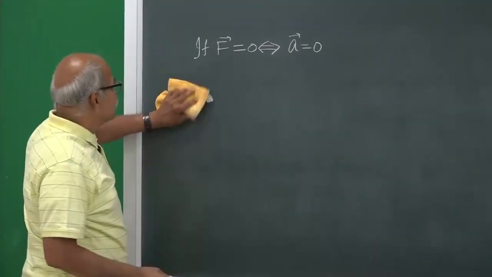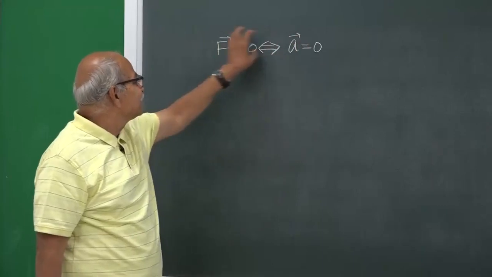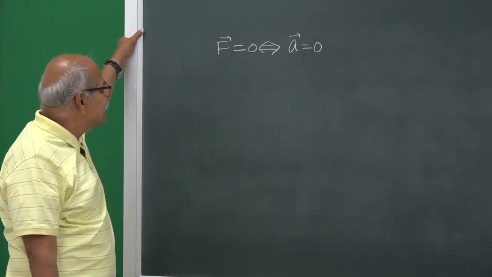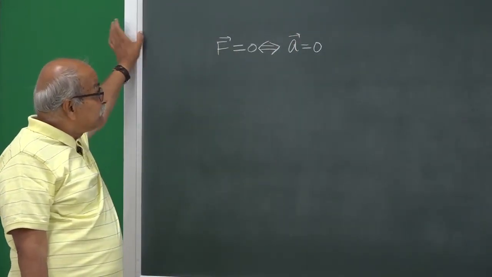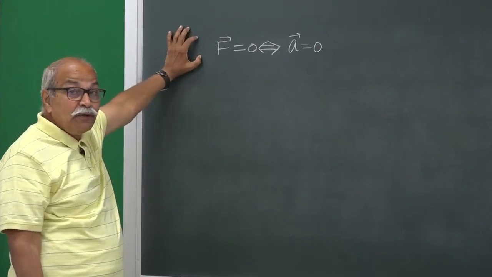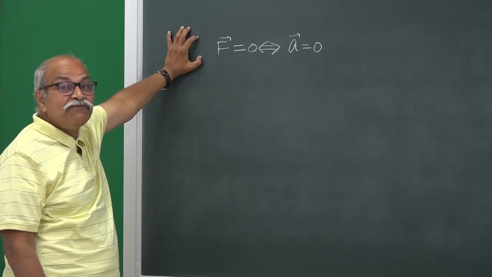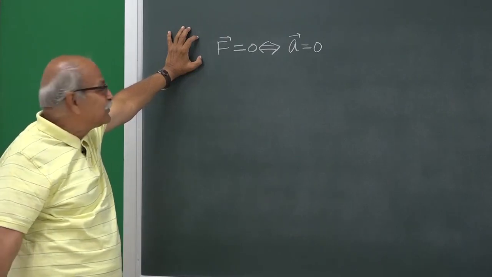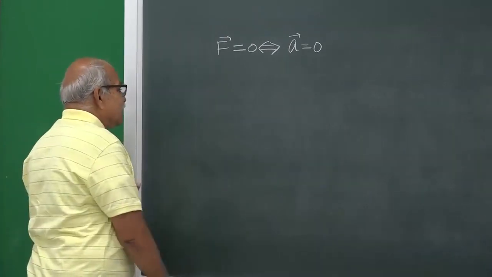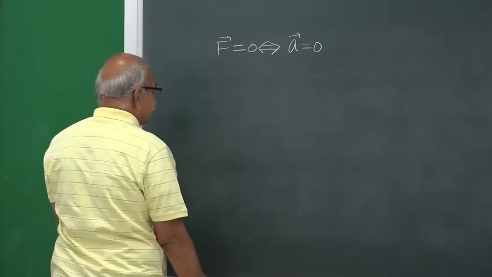So, this is a cryptic statement of Newton's first law, and if this law is followed in some frame, that frame is called an inertial frame of reference. Right. So, all those things we know very well, and if it is not, then it is a non-inertial frame.